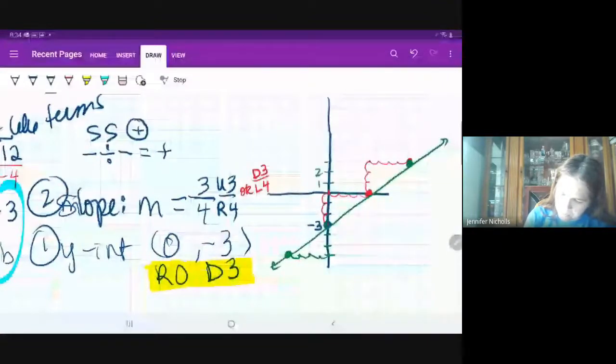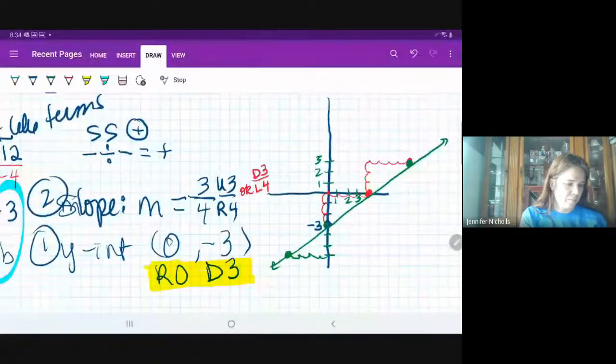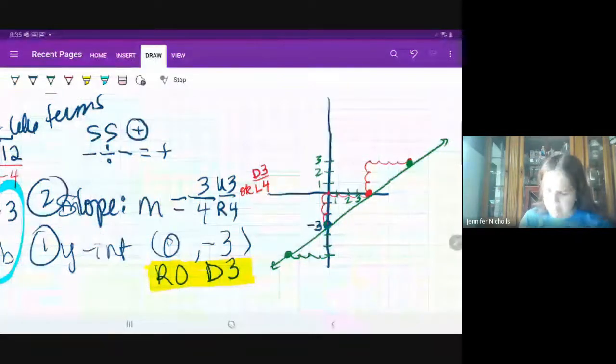You do have to label with numbers. And then your lines should always end up being straight.